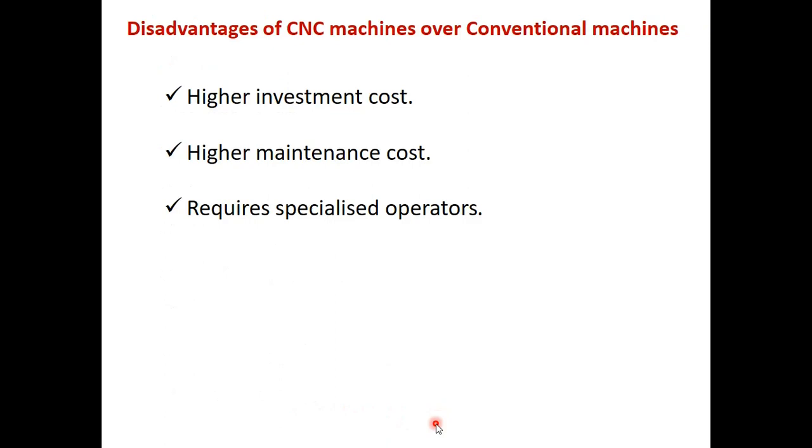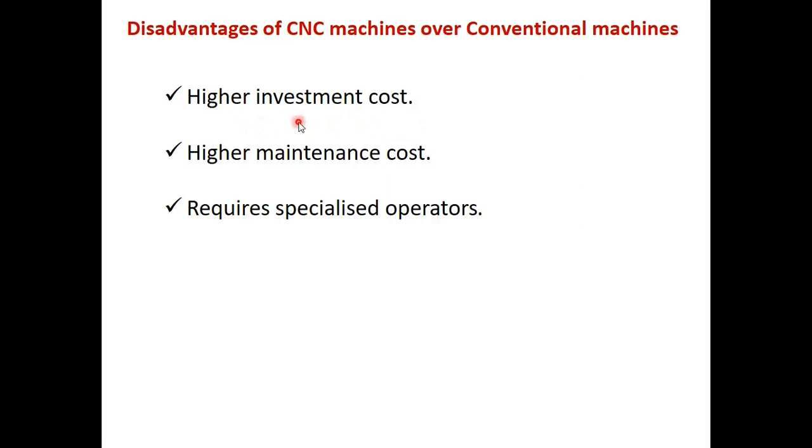But what are the disadvantages? If you compare CNC with conventional, it has a higher investment cost, higher maintenance cost, and requires a specialized operator. From an investment point of view, a simple conventional milling machine of good quality may cost me around 7 to 8 lakh rupees, with maybe a 1 meter bed size.